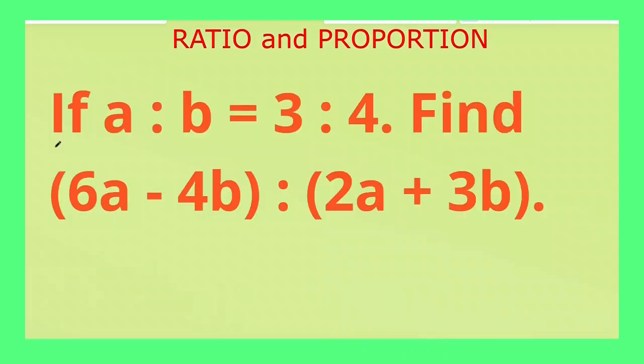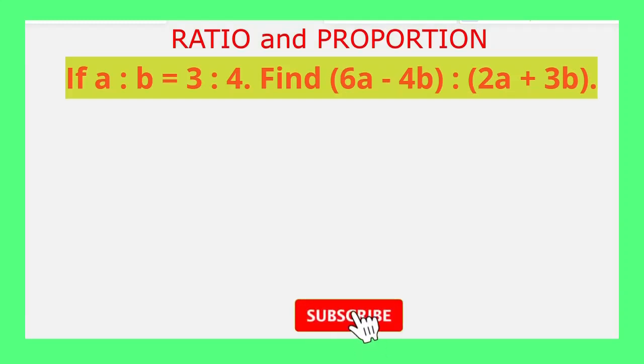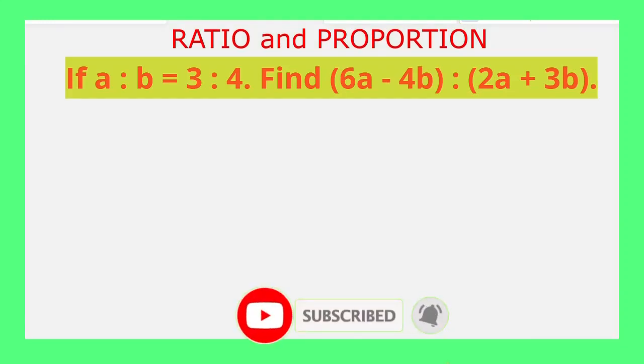Our question is, if A ratio B equal to 3 ratio 4, find 6A minus 4B ratio 2A plus 3B. Here it is given that A ratio B is 3 ratio 4.